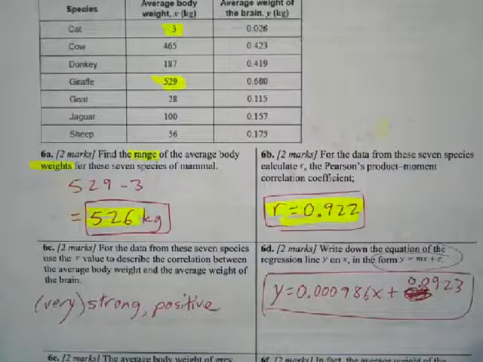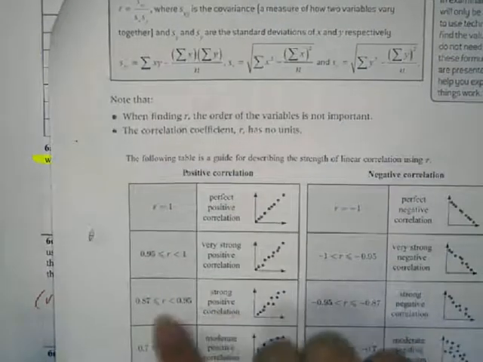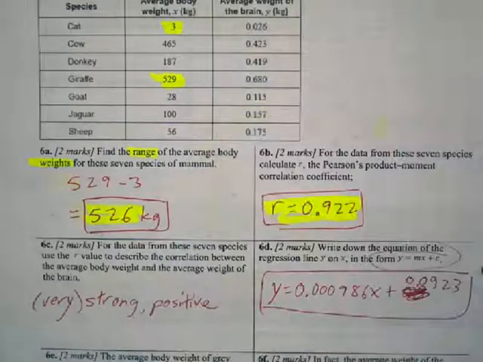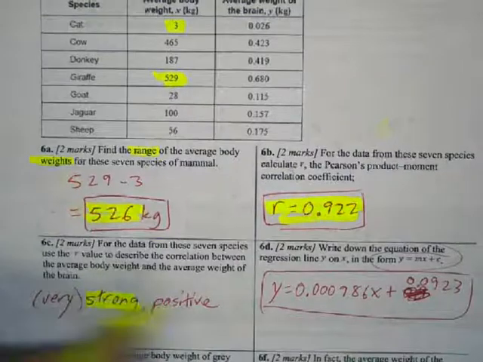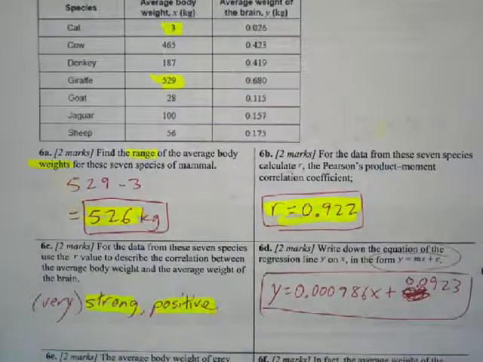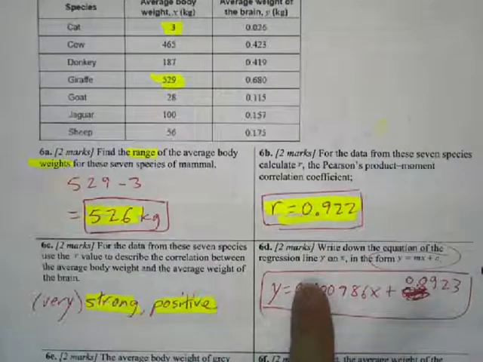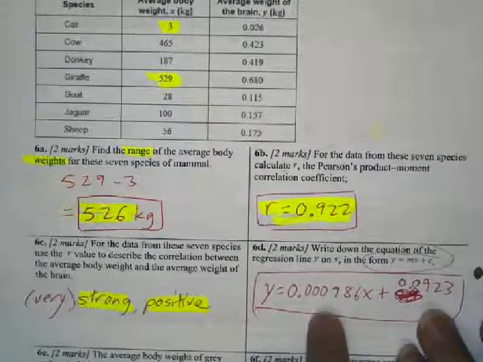An R value of 0.92, when you look at your table, 0.92 is strong and positive. And if you wrote very, that's fine. And when you plug it into your calculator, you're going to get an A and B value like this.